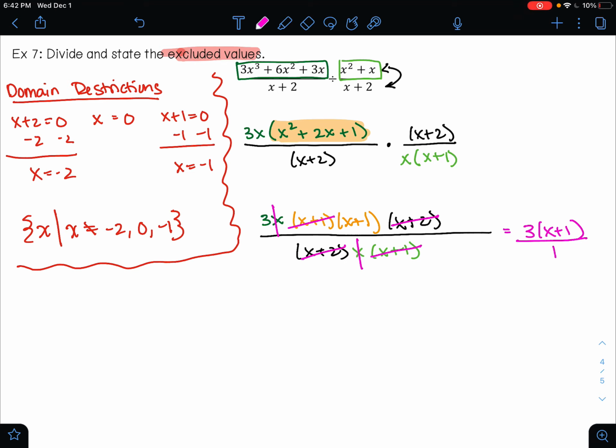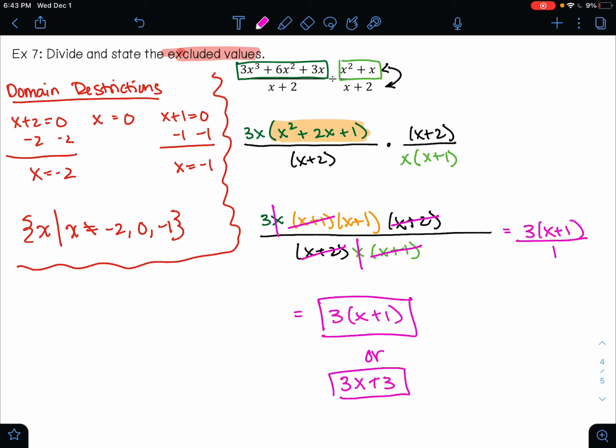So 3 times x plus 1 divided by 1 is the same thing as 3 times x plus 1. This is my answer. If you wanted, you could write your answer as 3x plus 3 if you want to distribute. It is not required. That step is up to you and whatever feels right to you and your brain. That is simplifying, multiplying, and dividing rational expressions.